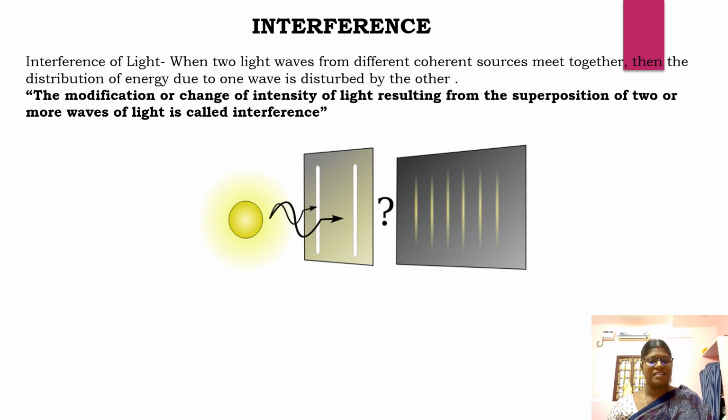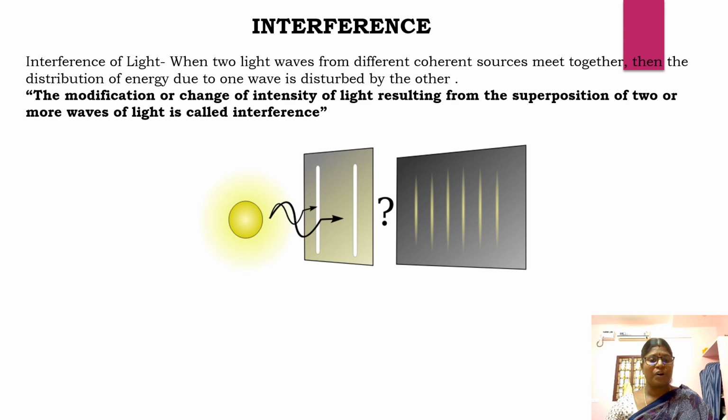As a result, a modification in the distribution of light will be produced. The modification or change of the intensity of light as a result of the superposition of two or more waves of light is generally called the phenomenon interference.